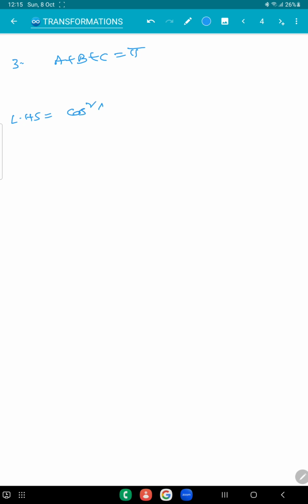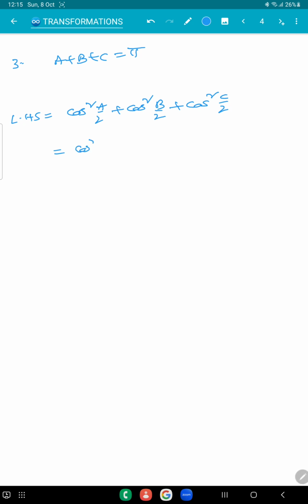LHS is equal to cos square a by 2 plus cos square b by 2 plus cos square c by 2. Now let us convert something in terms of sine square. See that the right hand side contains 2 times 1 plus sine a by 2 sine b by 2 sine c by 2.